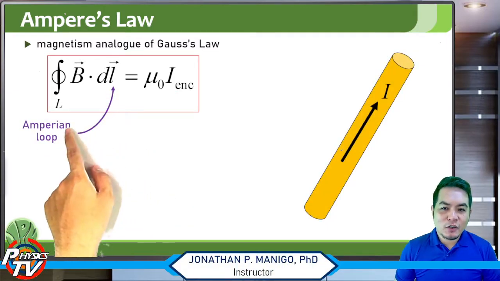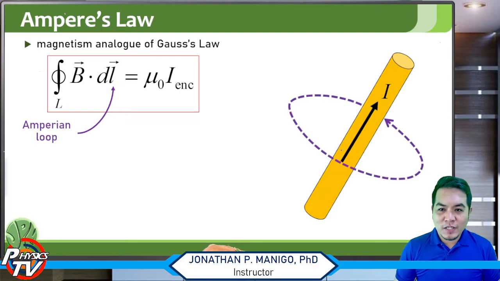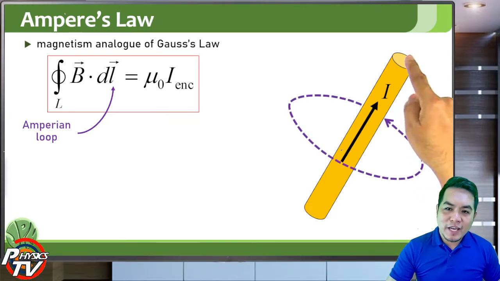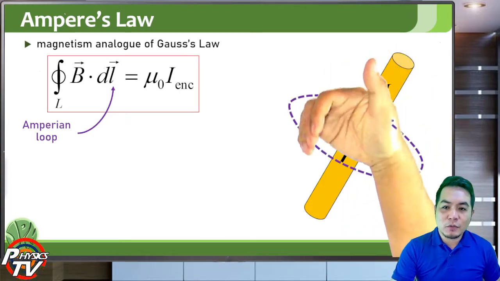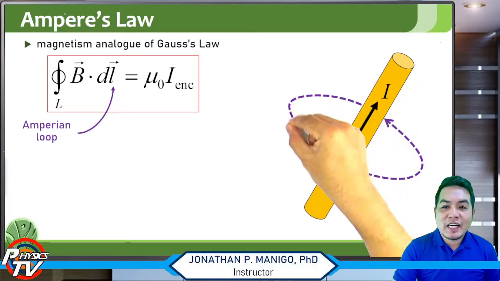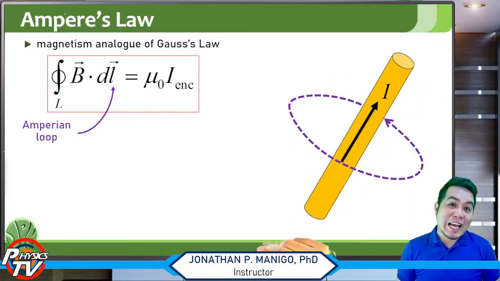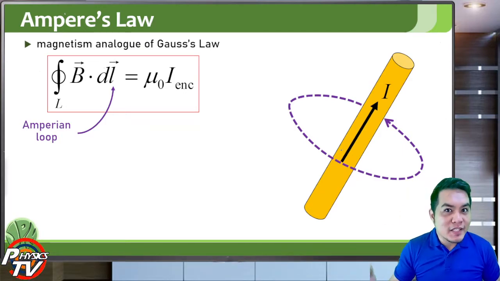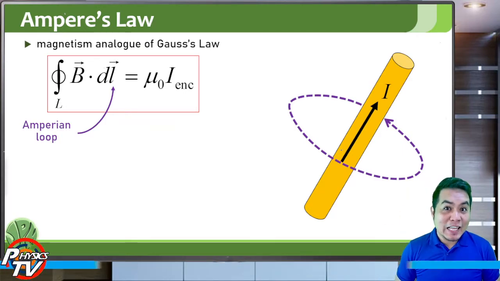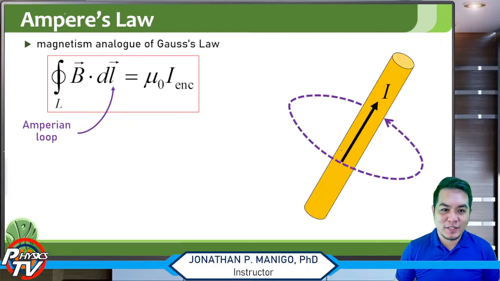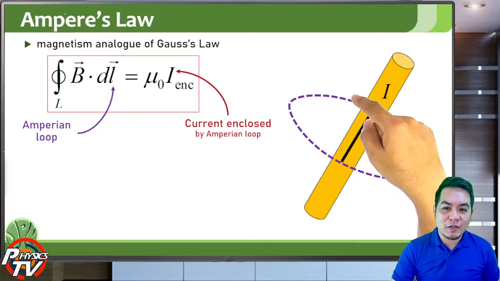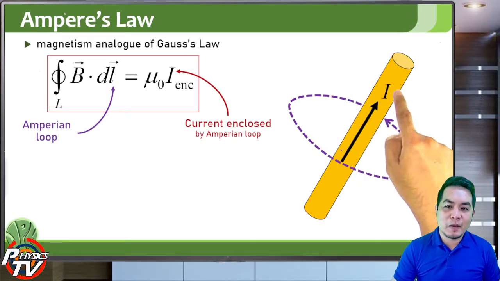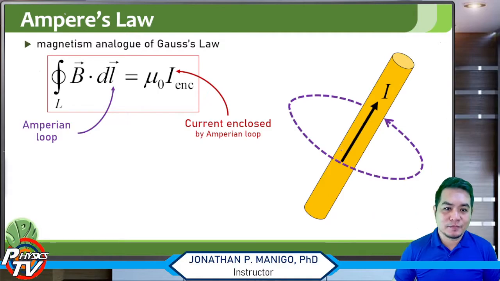The dl here corresponds to our Amperian loop. If you have a current carrying conductor, you just enclose it by wrapping it around with a line or a loop, and that is what we call our Amperian loop. The Amperian loop is the magnetostatic analog of the Gaussian surface. I enclosed here is just the current enclosed by your Amperian loop. In this case, the current enclosed by the Amperian loop is I.